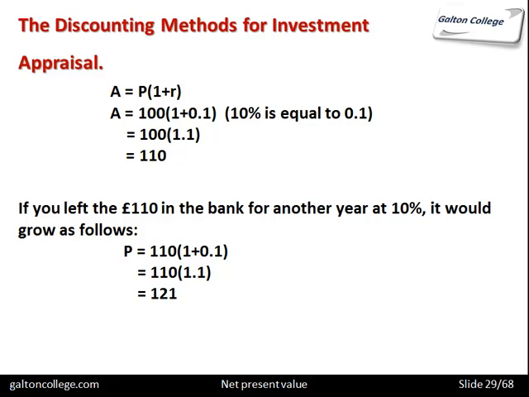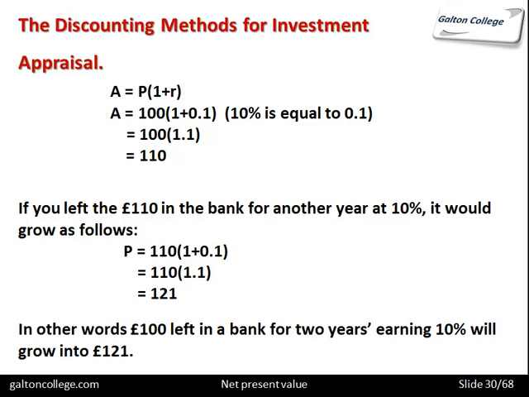In other words, 110 multiplied by 1.1, which is 121. So at the end of 2 years, our initial sum of £100 has grown into £121. So £100 left in the bank for 2 years, earning 10%, will grow into £121.